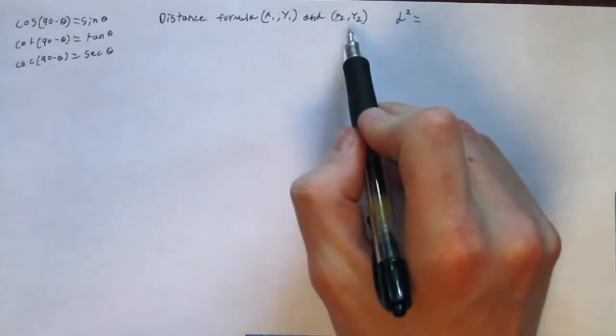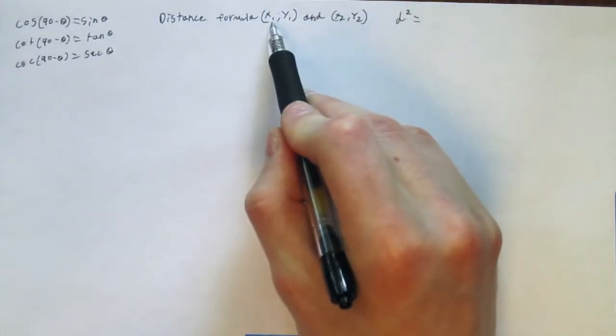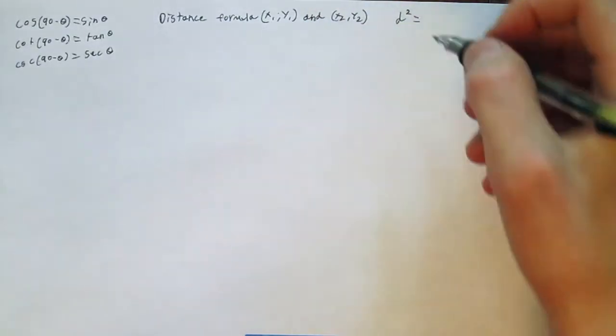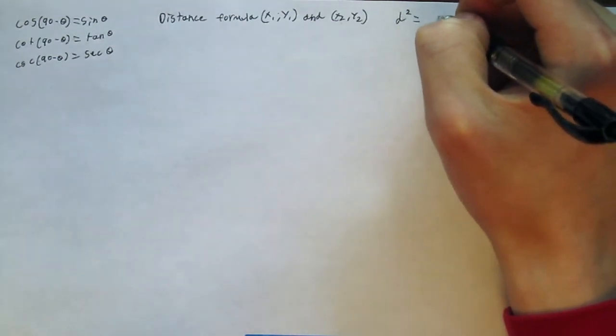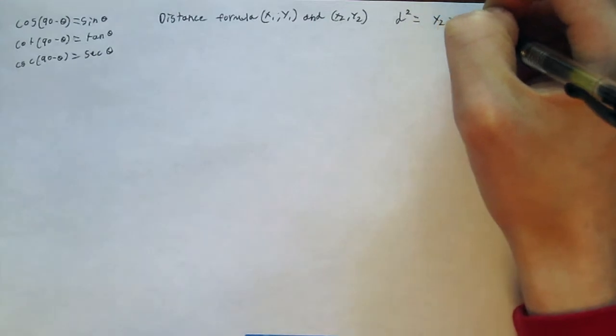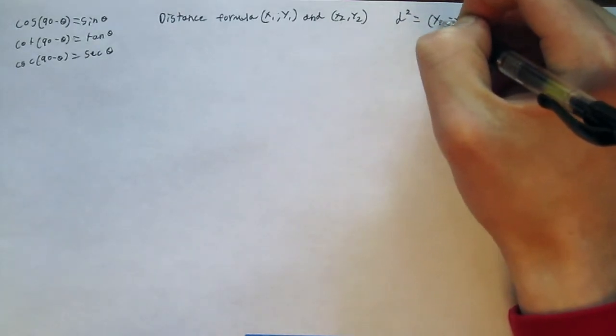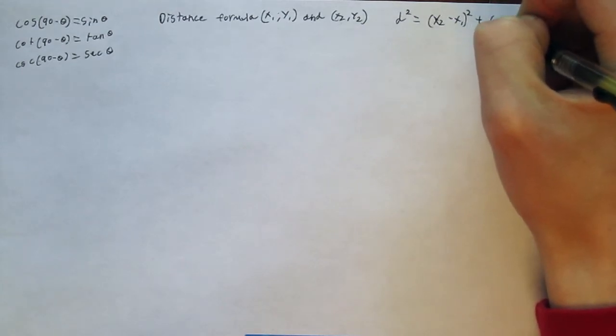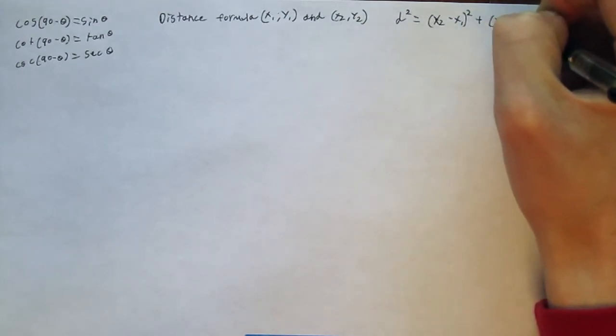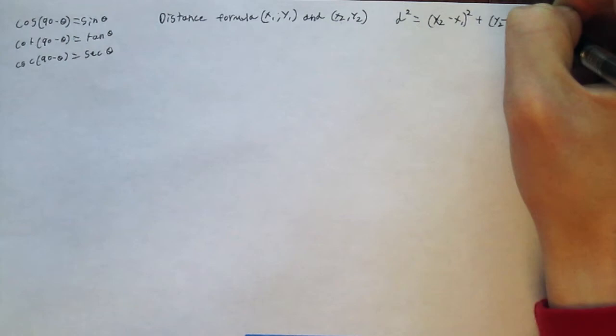And so the change in x is x2 minus x1, and the change in y is y2 minus y1. So d squared equals x2 minus x1 squared plus y2 minus y1 squared.